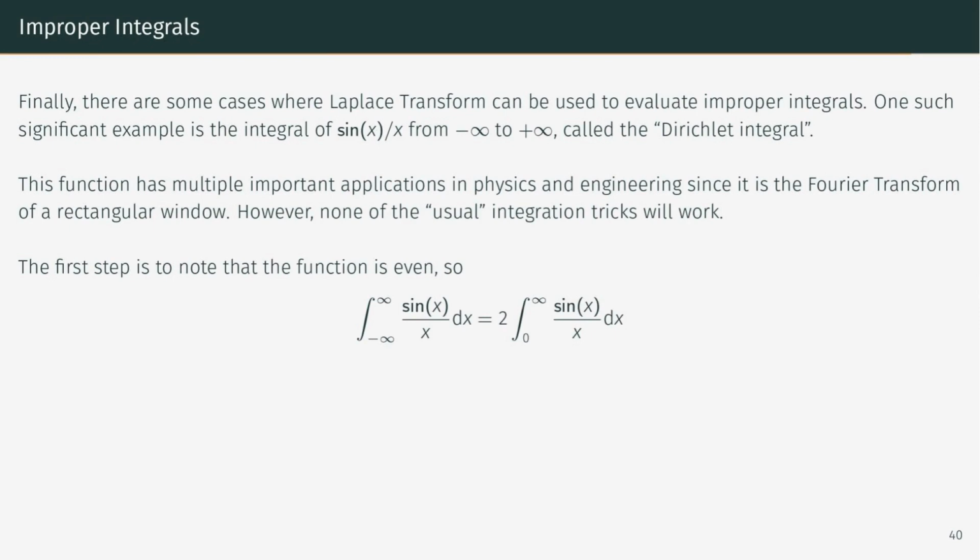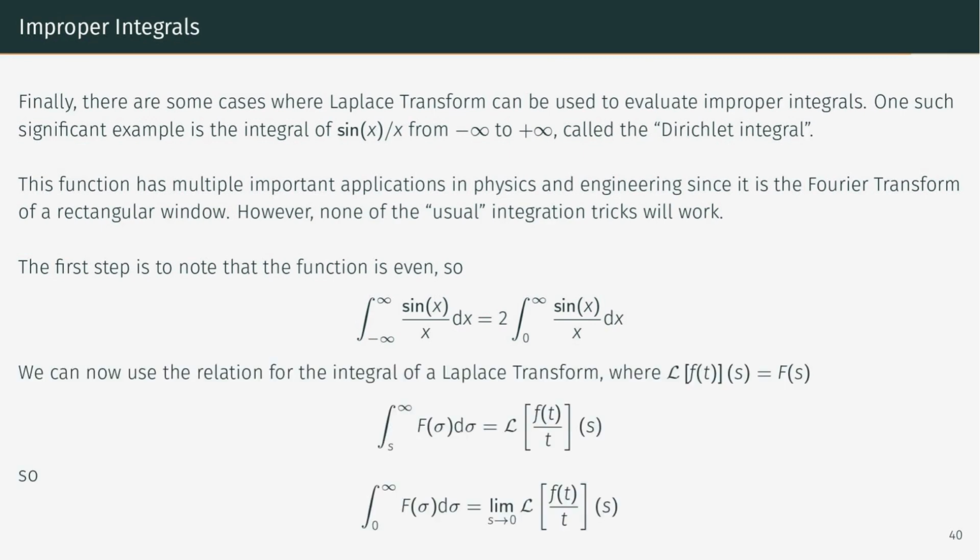The first step is to note that the function is even. So the integral of the sine of x over x dx from negative infinity to infinity equals 2 times the integral of the sine of x over x dx from 0 to infinity.